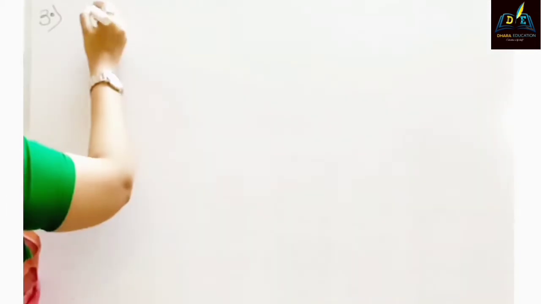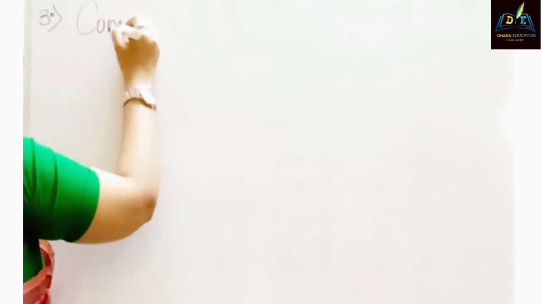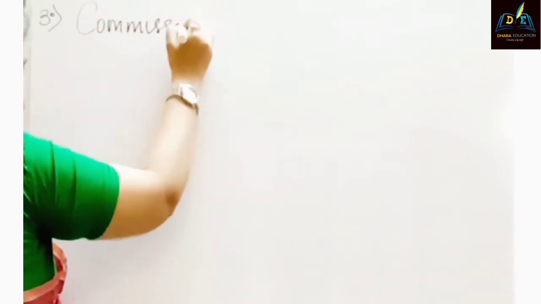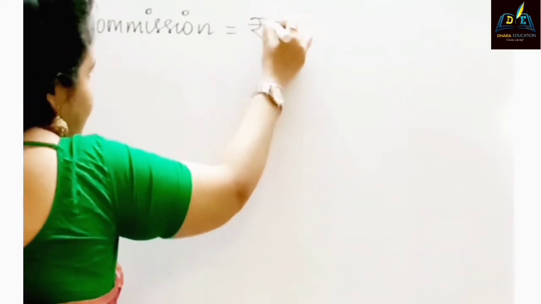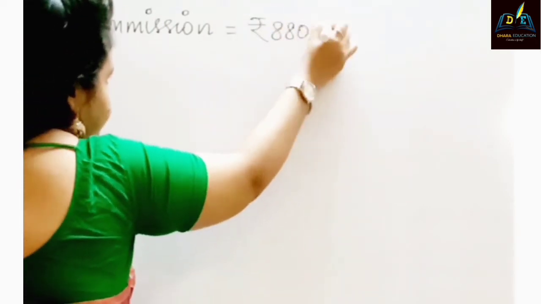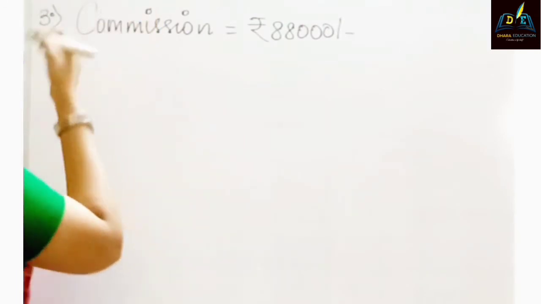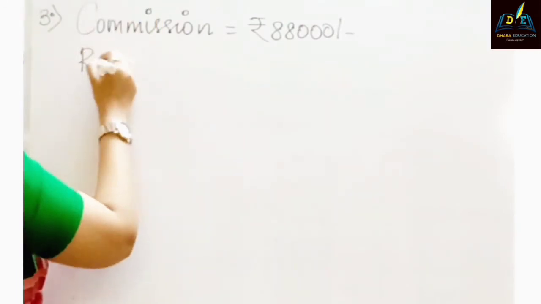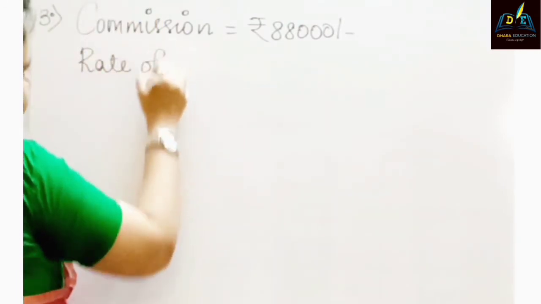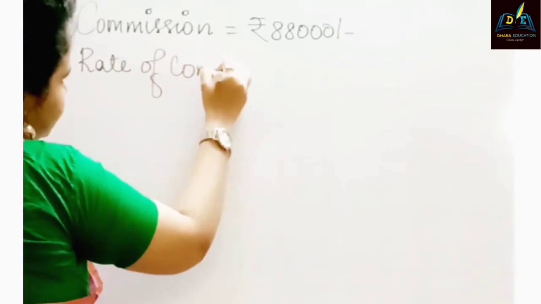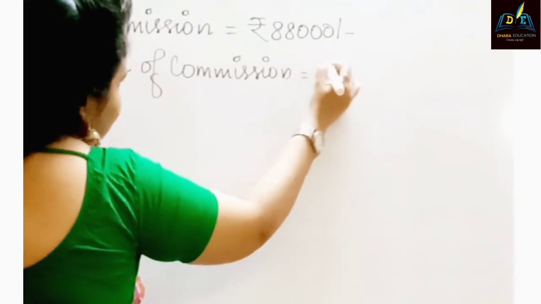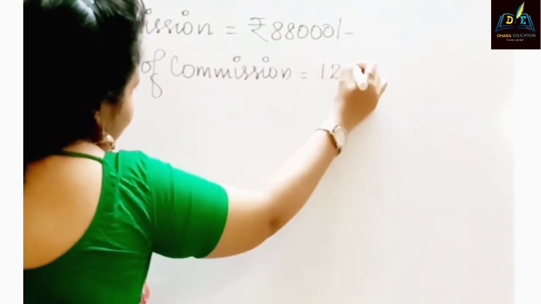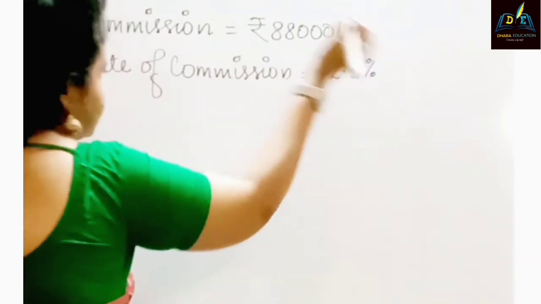Students, third one. The commission which she has received is rupees 88,000. The rate of commission was 12.5%.